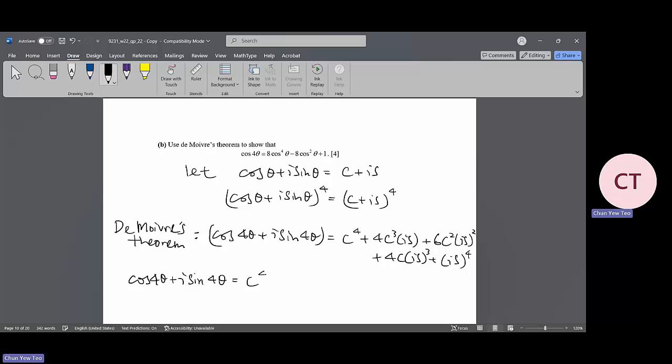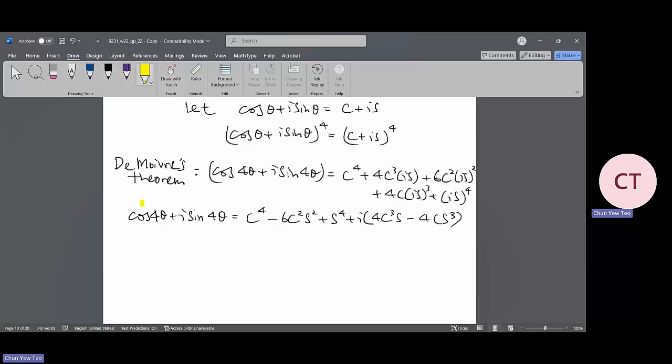So you have cos 4 theta plus i sin 4 theta equals C to the power 4 minus 6C squared S squared plus S to the power 4, plus i times (4C cubed S minus 4C S cubed). So these will be the expressions. We are looking for cos 4 theta, so we only compare the real part with the real part.